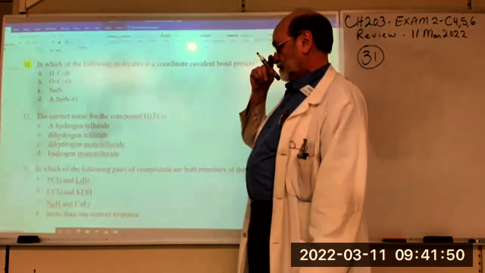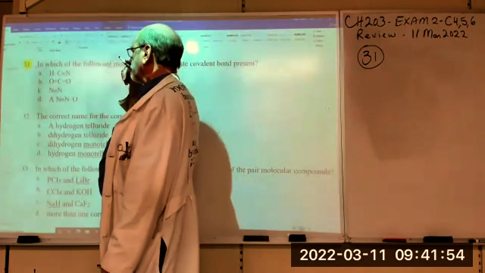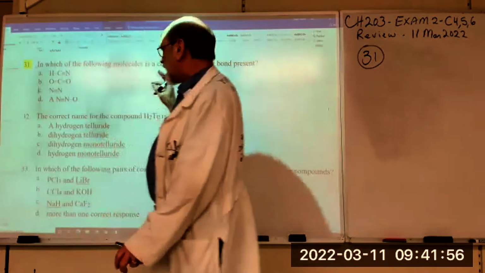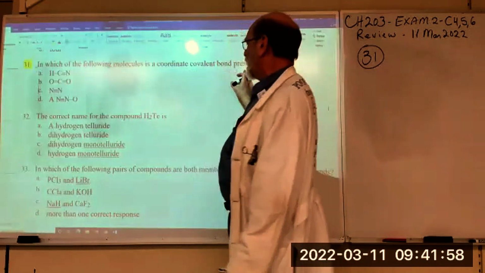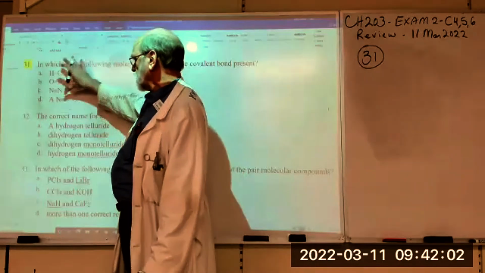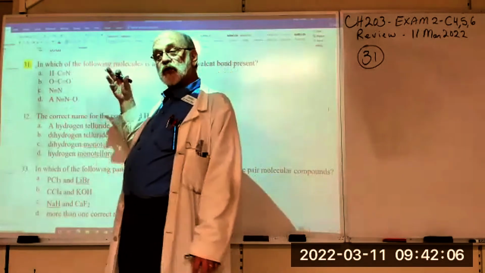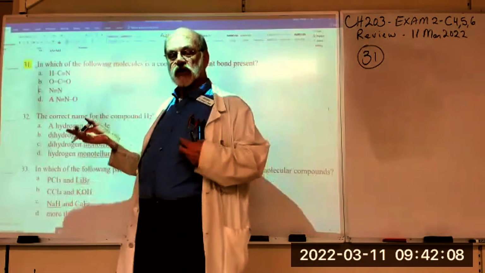So I would look at each one of these and say, okay, if we've got a coordinate covalent bond somewhere, then look at their structures and say, which atom could you remove and still have a stable molecule?